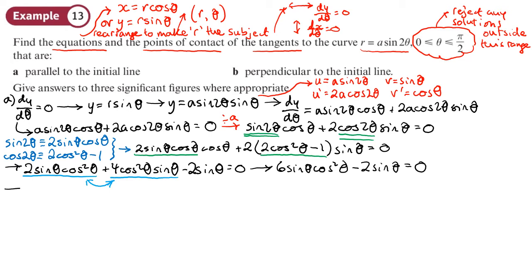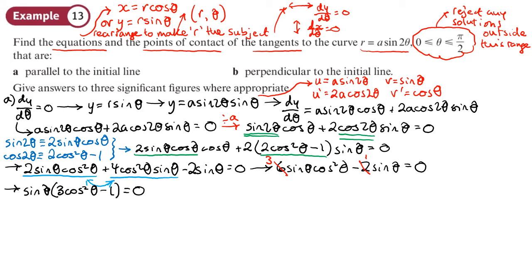And now we'll divide everything by 2 and factorise it, and I will be able to factorise out sine theta. So if I divide everything by 2, then that becomes 3, that just becomes 1, and I will have sine theta outside the bracket, and in the bracket I will have 3 cos squared theta minus 1 equals 0.